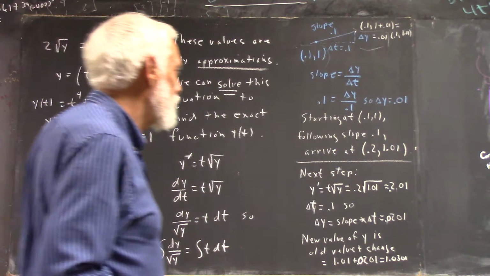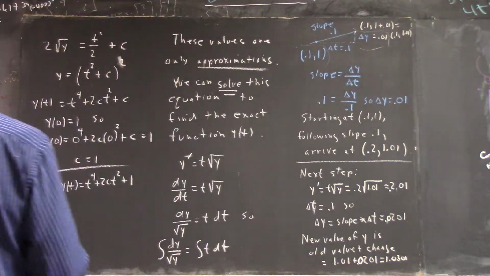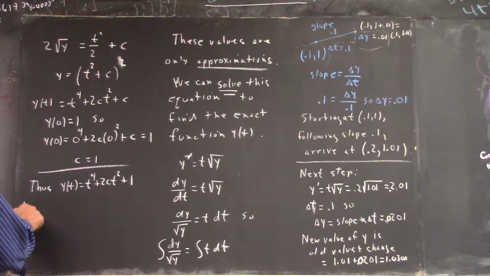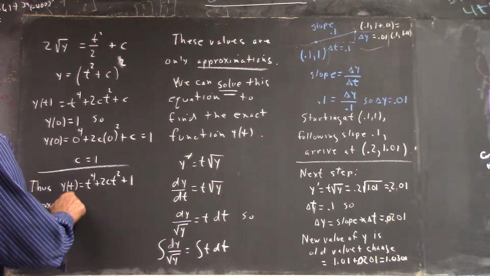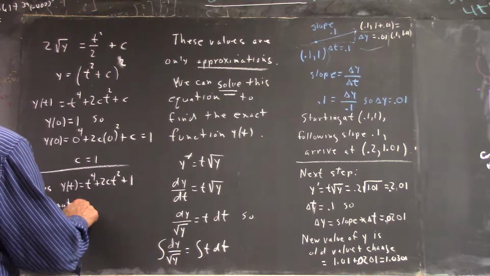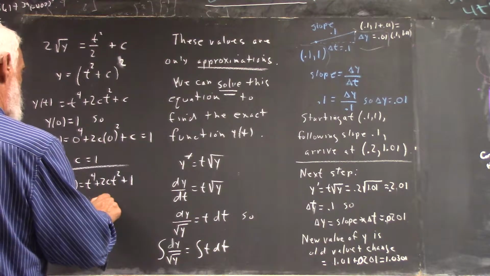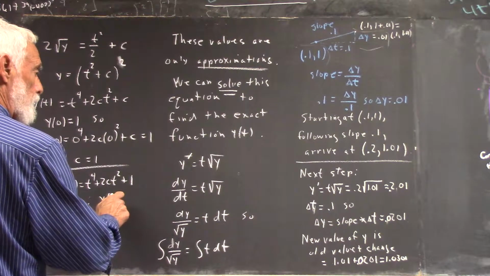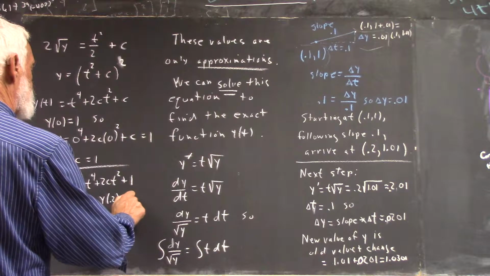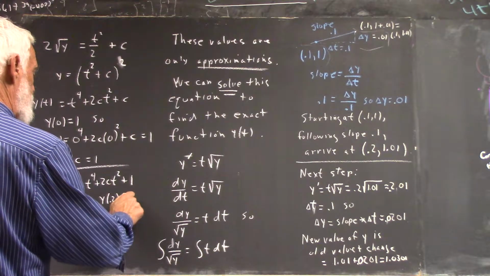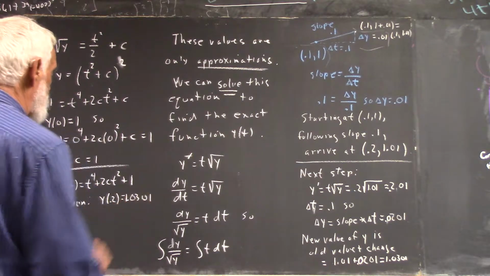Now our last step, our approximation was y of 0.2 equals 1.0301, right?